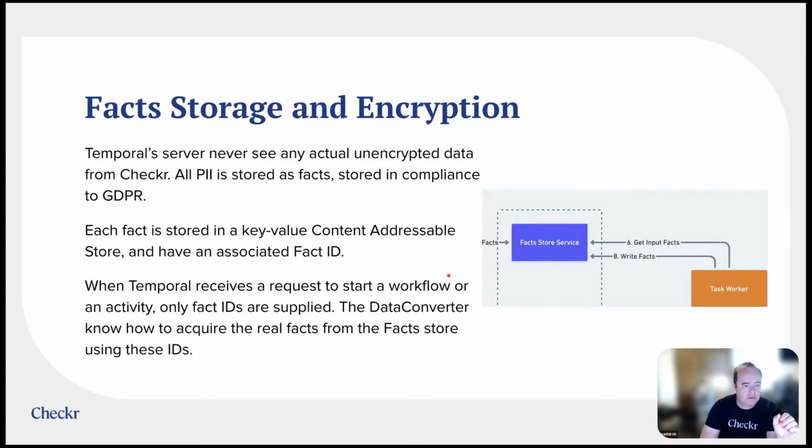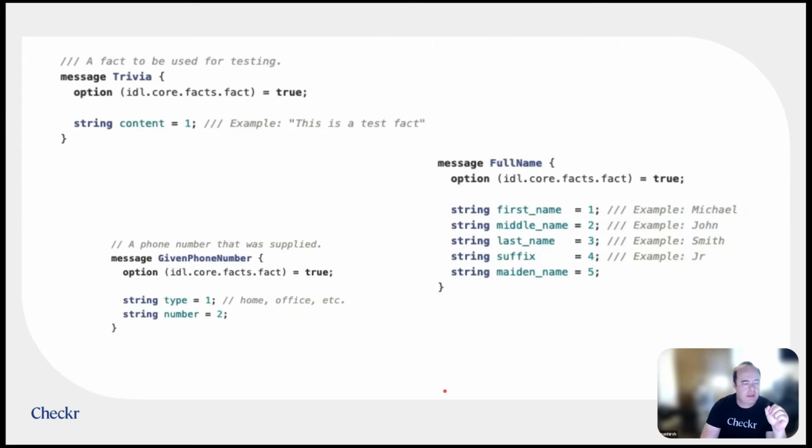Each fact is stored in a key value content addressable store and has an associated fact ID. When Temporal receives the request to start a workflow or an activity, only fact IDs are supplied. The data converters know how to acquire the real facts from the fact store using these IDs. This is how facts actually look like in our system.